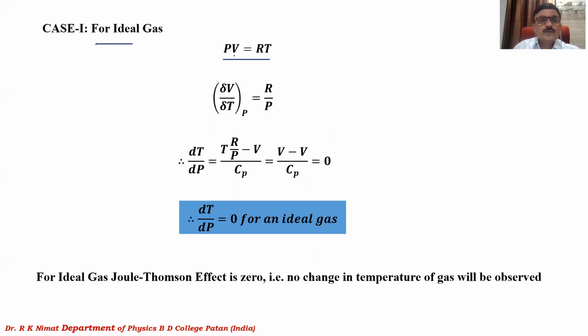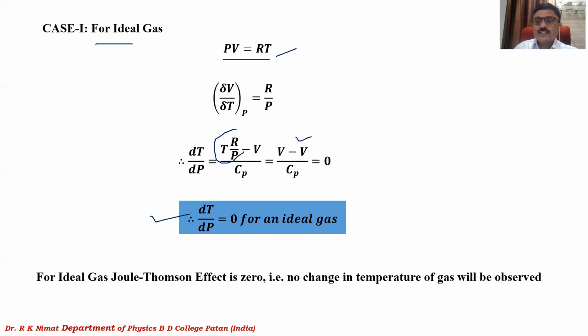So differentiate V with respect to T, keeping pressure constant, and you will get (∂V/∂T) at constant P equal to R divided by P. Use this value of (∂V/∂T) at P in the Joule-Thomson expression, and you will get dT divided by dP is equal to T into R by P minus V. If you again use the PV is equal to RT equation, T into R divided by P is nothing but V. So this is V minus V divided by Cp. So dT by dP is equal to 0.